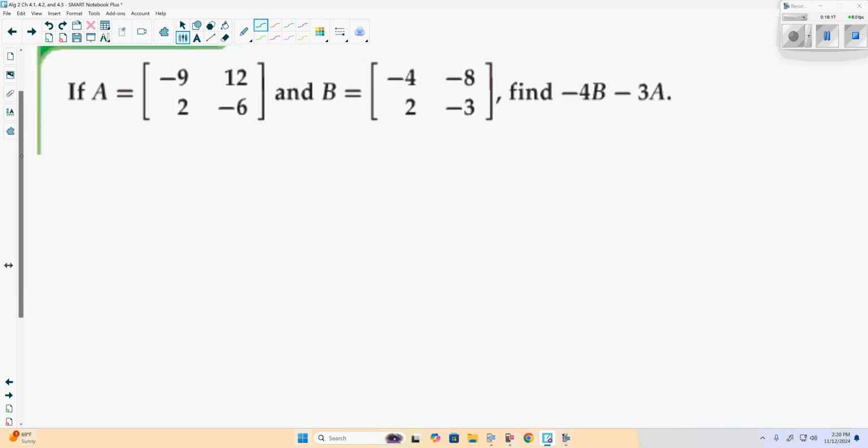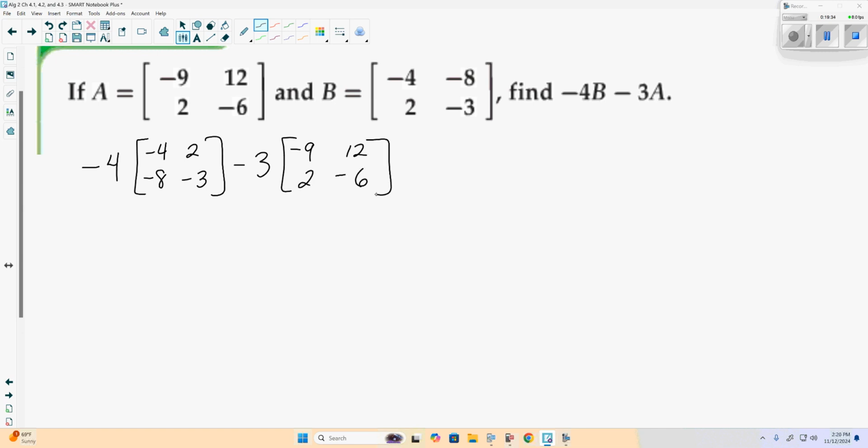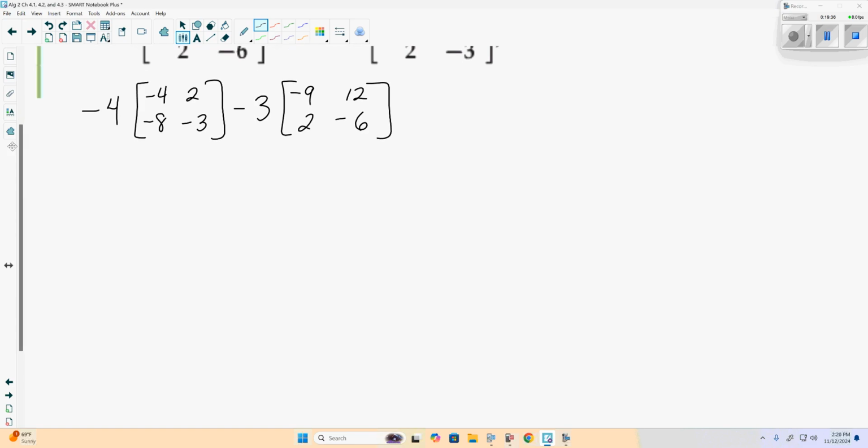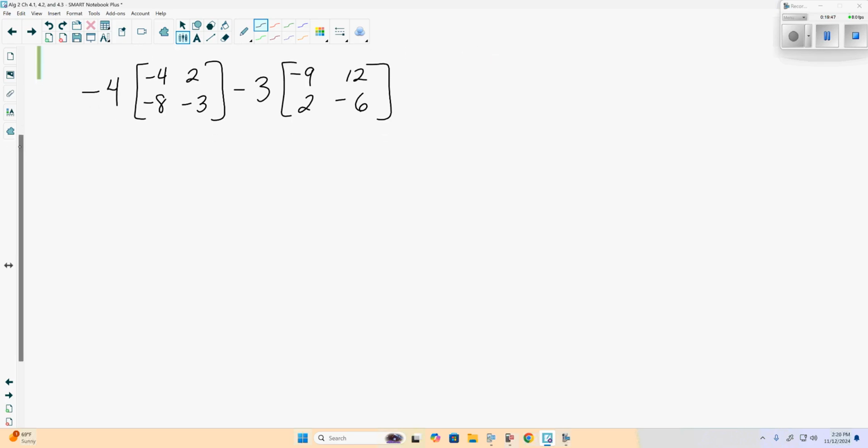And whenever we use both, negative 4 times B minus 3 times A, we apply the scalars first before addition subtraction. We do the scalars and then our addition subtraction.